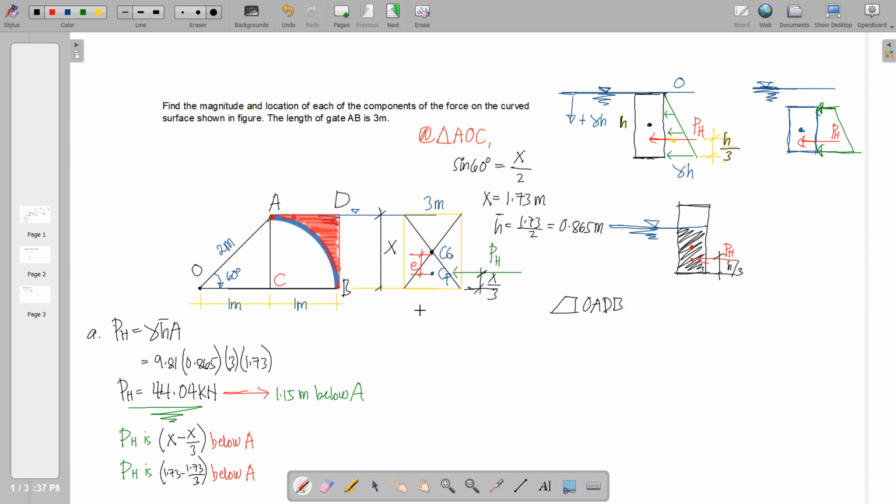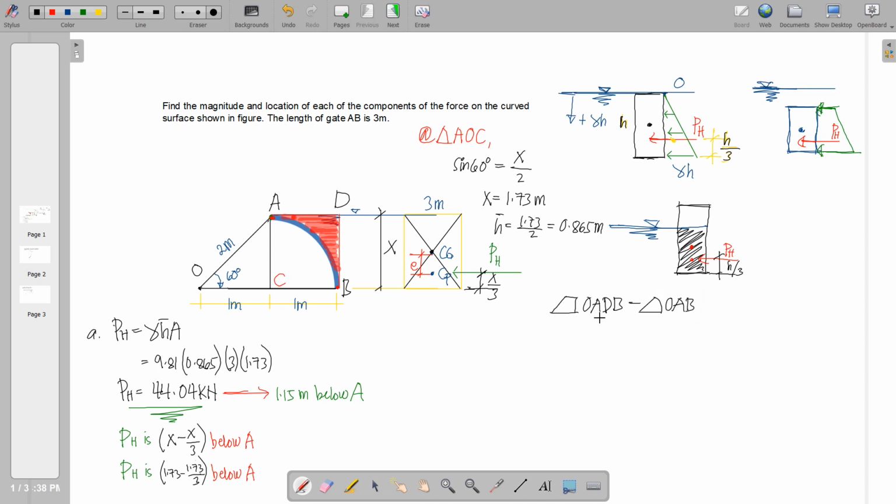We can subtract this from the area of this portion of the circle, minus circular sector OAB.